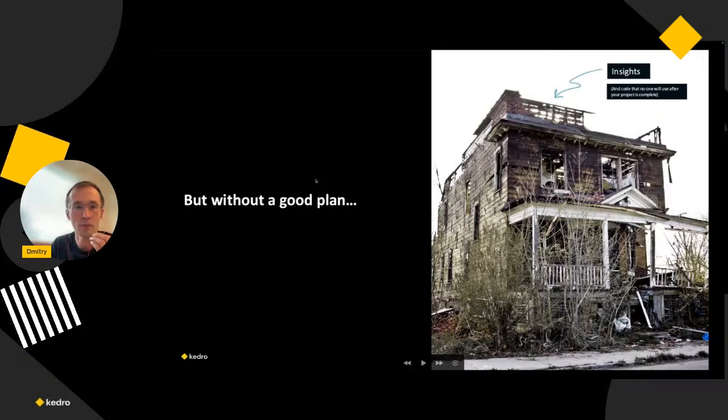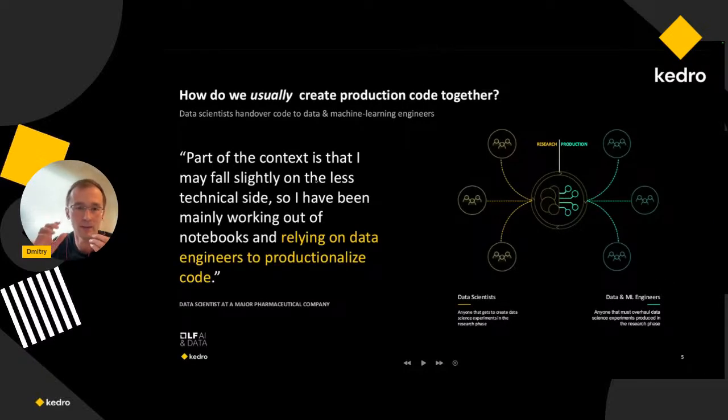And it's more important for data science and machine learning projects because usually it's a collaboration between different roles. Often it's collaboration between data scientists who want to find insights, and data engineers, machine learning engineers, and software engineers who need to move these insights to a working product and move this product to production.